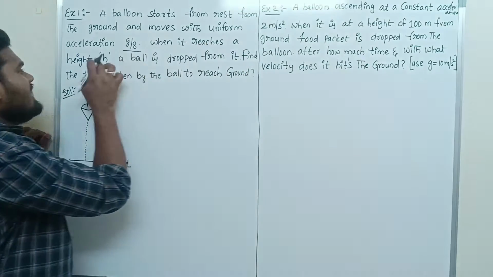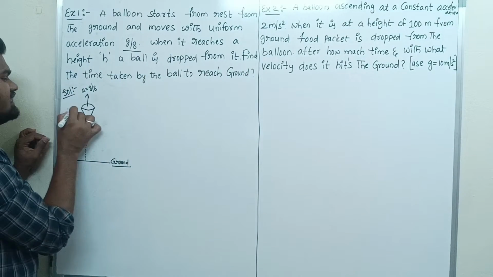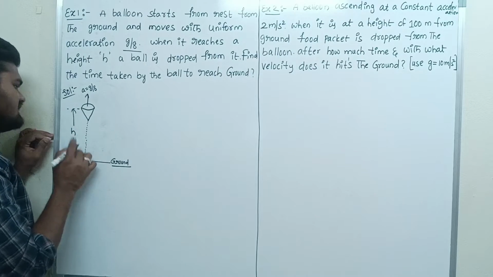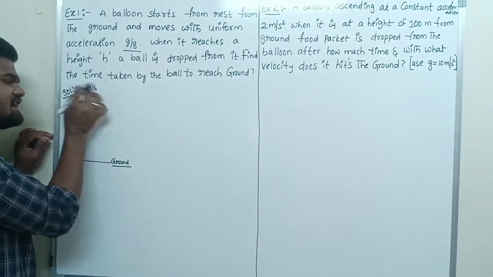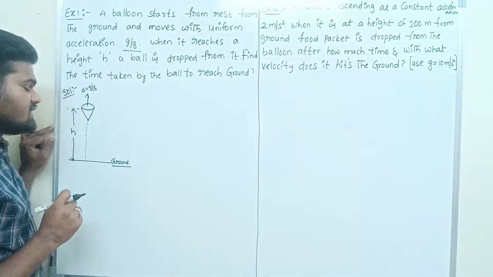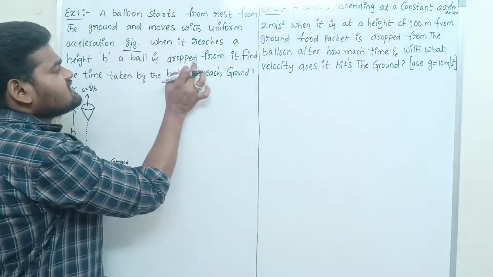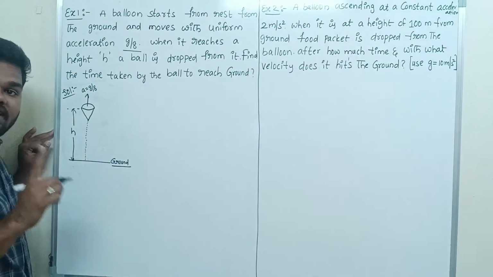When it reaches a height h, let us consider the height of this balloon from the ground as h. Now it is at a height h and has an acceleration a is equal to g by 8. After it reaches the height h, what happened? A ball is dropped from it.